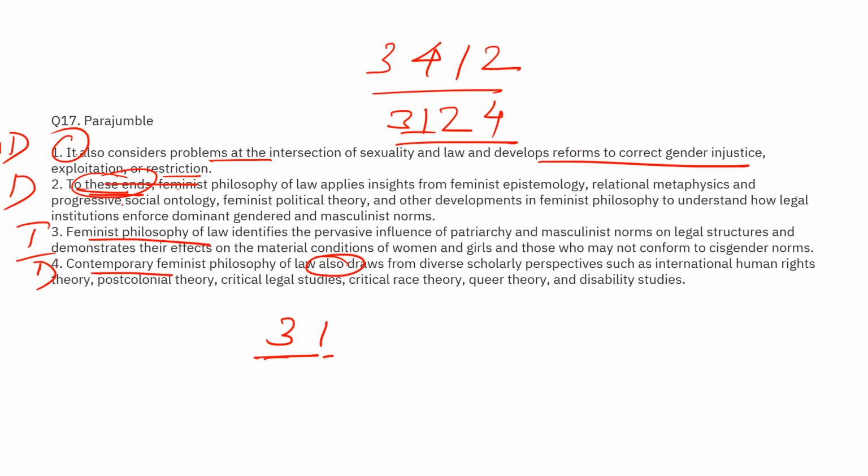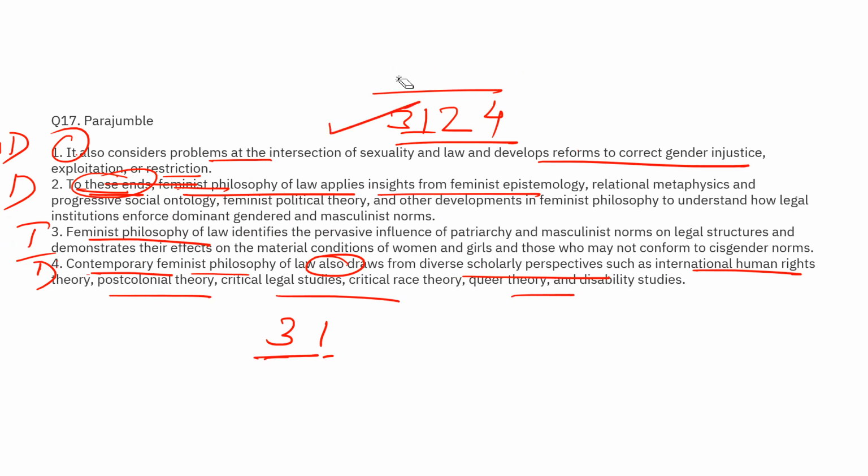See, it doesn't really work, because to these ends, feminist philosophy of law applies insights. So first we talk about feminist philosophy of law, finish that thought and idea, and then we go to contemporary feminist philosophy of law also draws from diverse scholarly experiences. This is a slightly different idea, it will not come in the middle. This will come in the end. So 3, 1, 2, 4 is a better option here.